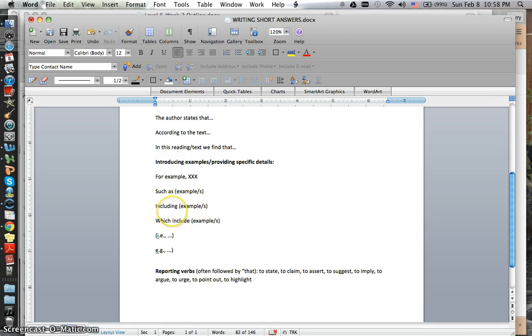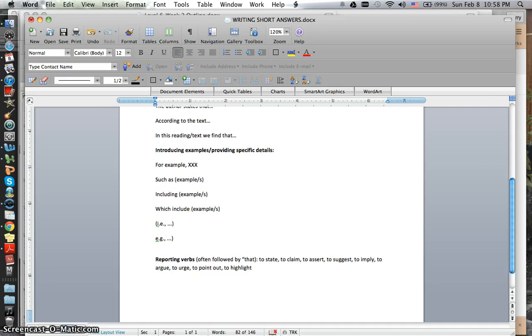This one would probably be coming at the end of a sentence, so if you said, there are many reasons why I think this, comma, including, and then you give your examples. Another one is which include, and then give the examples, and then i.e. when you want to paraphrase something, or e.g. here when you're giving a specific example, and these are always kept in parentheses.